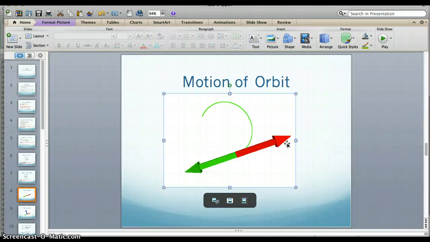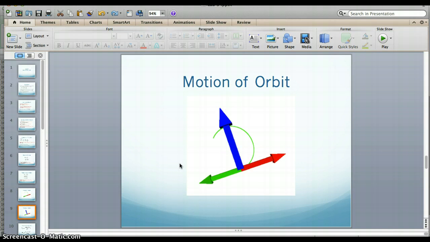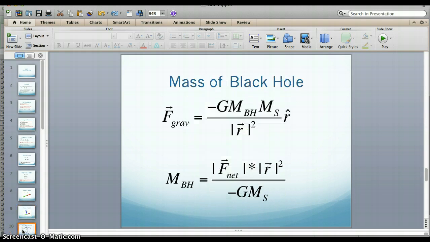We see they're pointing in opposite directions, which implies that the star is slowing down as it orbits the black hole. Then we'll move on to the perpendicular component, which is notified by this blue arrow. Since the blue arrow is pointing towards the center of the kissing circle of the orbit, we take that to mean that this is the direction that the star is turning as it orbits.